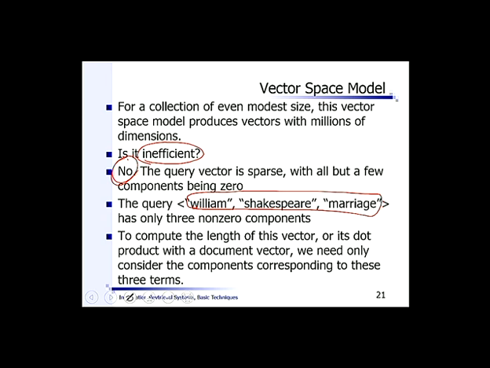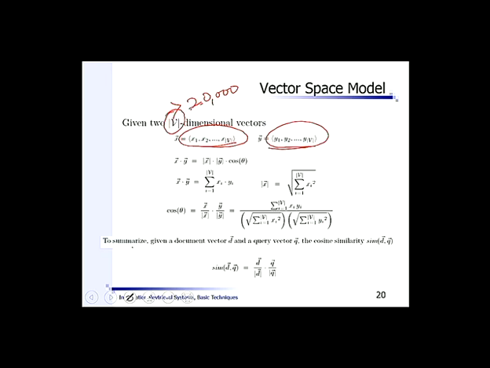In this vector, all the other terms will be 0 except 3 non-zero values, right? So whenever we are calculating magnitude, we only need to take square of 3 terms and take square root. Similarly, whenever we are multiplying any vectors, we need to consider only those terms which are non-zero, and a query will never ever have thousands of components.